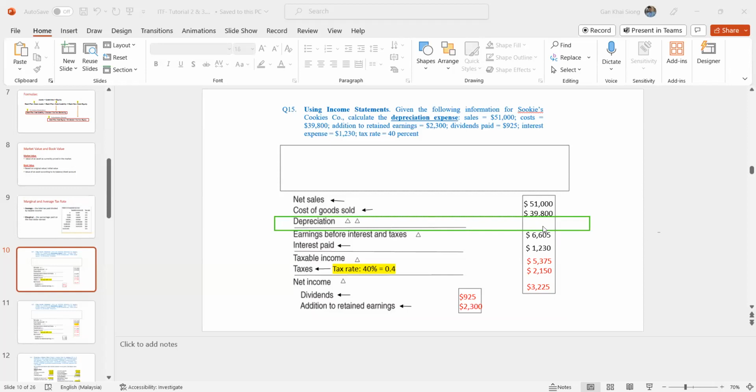So it's to calculate the middle value. You see net sales minus cost of goods sold minus depreciation equals 6,605. So this is the EBIT. So I want to work backwards to calculate the middle value. Can anyone tell me what the final answer is in this question?